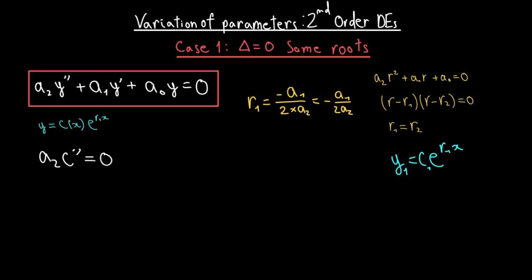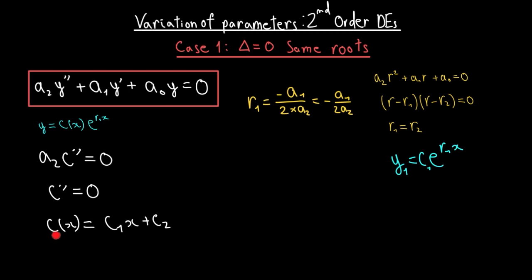So now we need to solve this differential equation, which is the same as c prime prime is equal to 0. And what we do is we integrate twice to get that c of x is equal to c1 x plus c2, where c1 and c2 are integration constants.